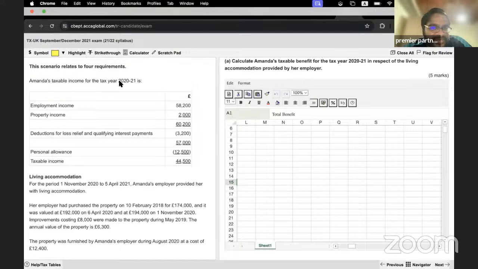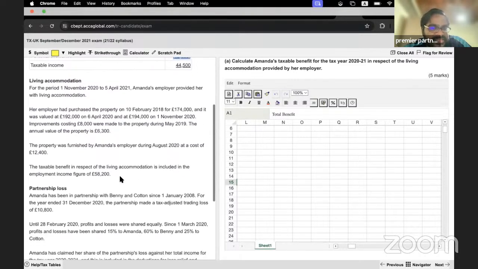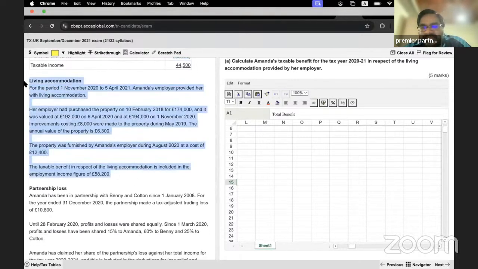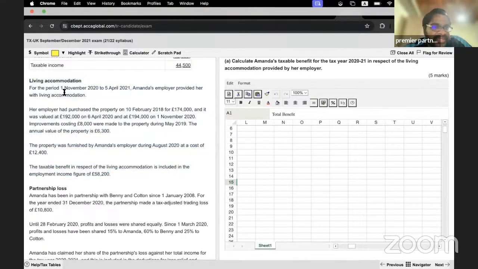Amanda's taxable income is given: employment income, property income. Deduction for loss relief and qualifying interest payments is given. Personal allowance, this is an old rate, so we don't need to worry about that. Taxable income is given. This is the part we need for the first requirement for 5 marks. For the period of 1st of November 2023 to 5th of April 2024, Amanda's employer provided her with living accommodation.